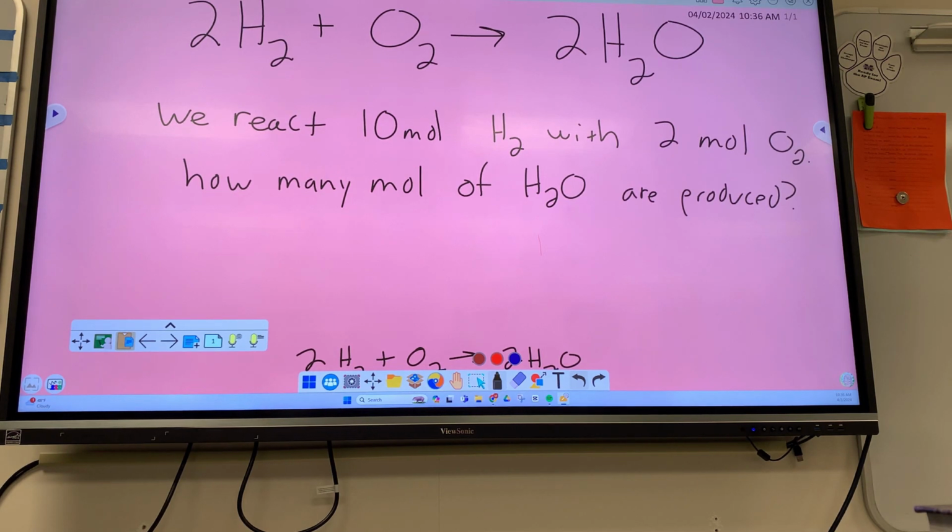How much H2O can we make? My advice is to do a T-chart. Or 2. 3 might be excessive.